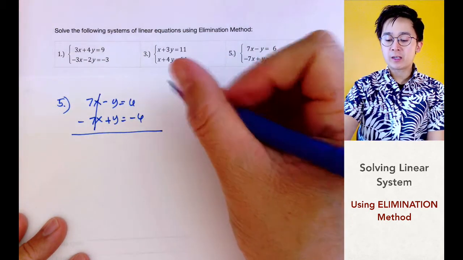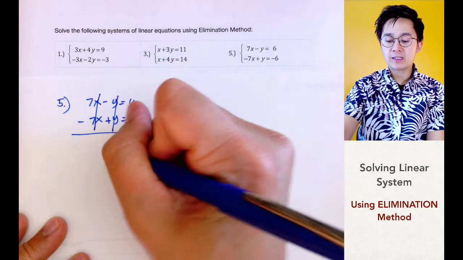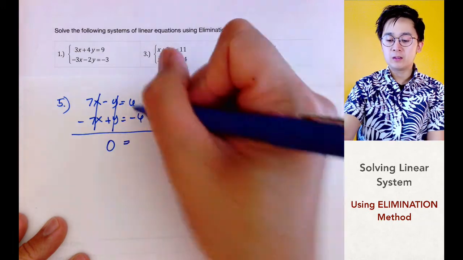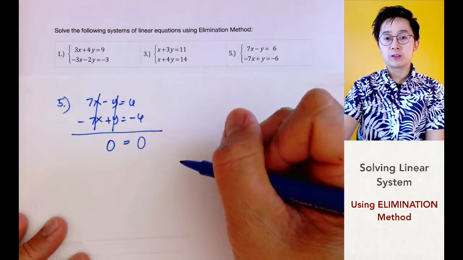At mapapansin nyo rin na yung negative y plus y ay 0 din. So, yung right-hand side natin ay equal to 0. At yung ating last term is 6 minus 6 ay equal to 0 din.